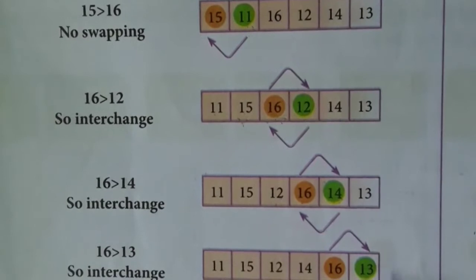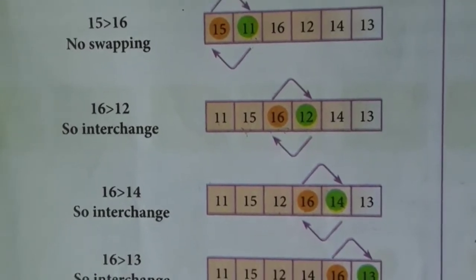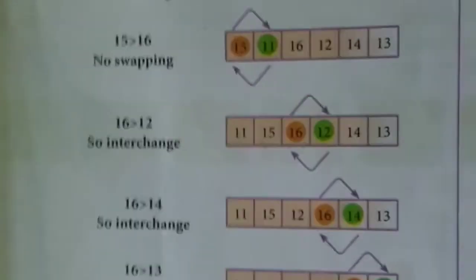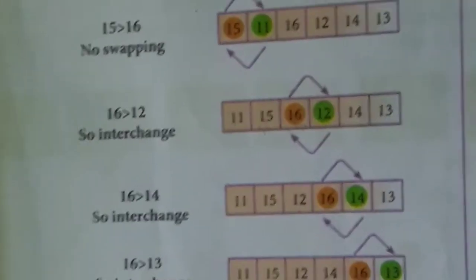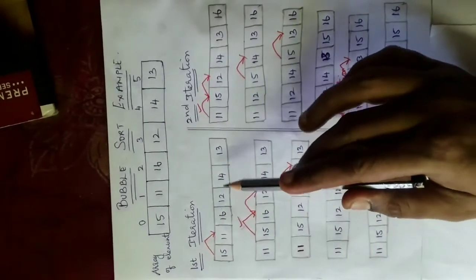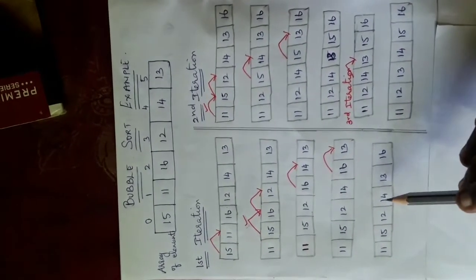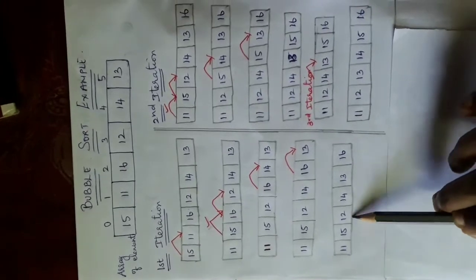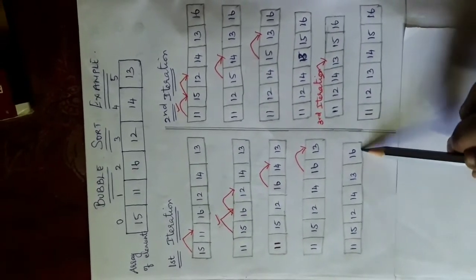Then 16 and 13 will be compared. 13 is smaller, so 13, 16. After finishing the first iteration, we got the answer as 11, 15, 12, 14, 13 and 16.